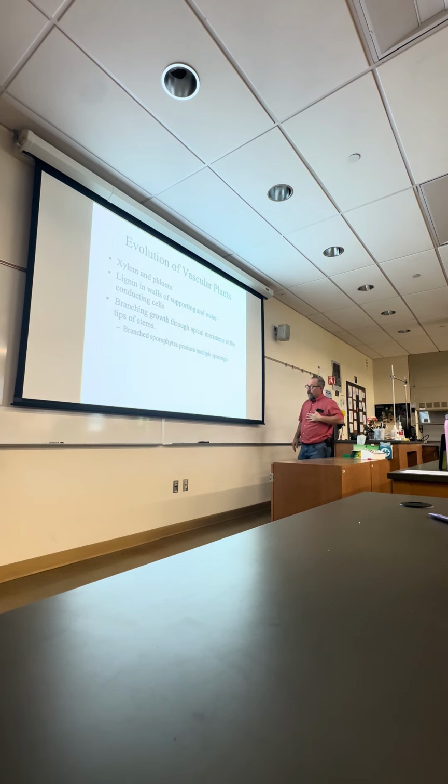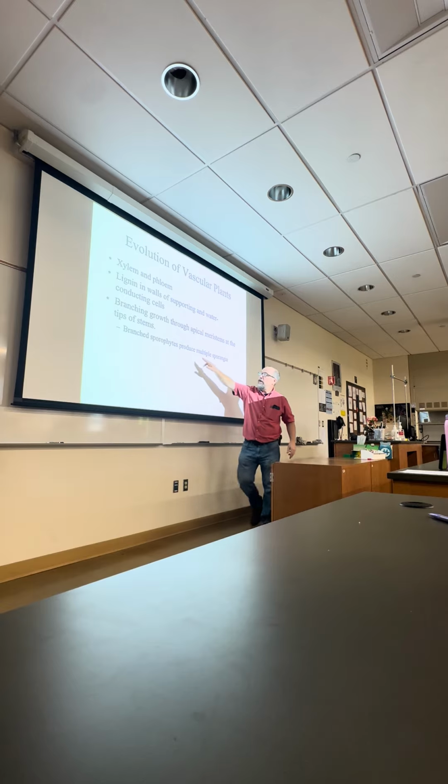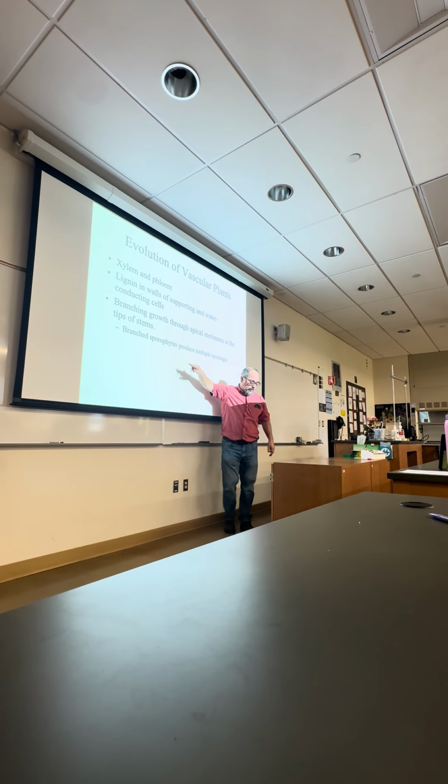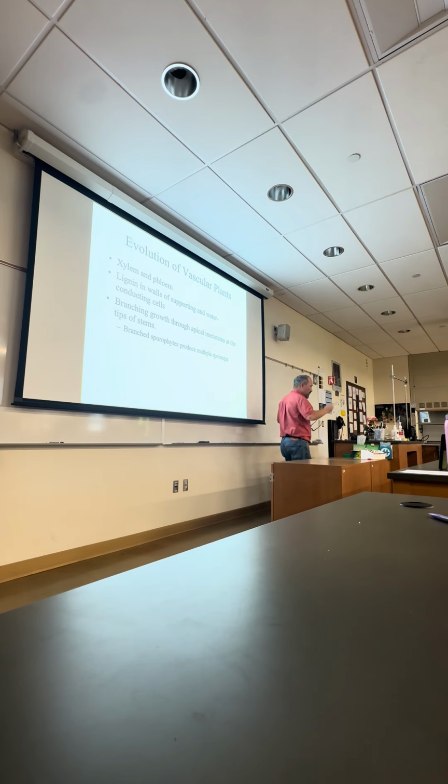Then branching out: branching growth, apical meristem. And here now, the sporophylls are branched. Instead of just the one thing you had coming out of the mosses, there are now multiple. Remember, you just had the cap on the moss. These now branch out and have multiple sporangia.